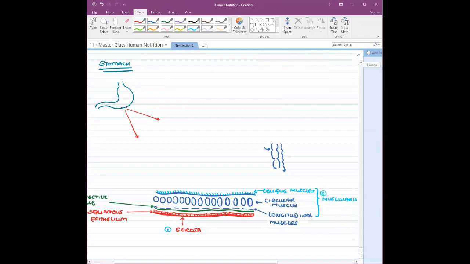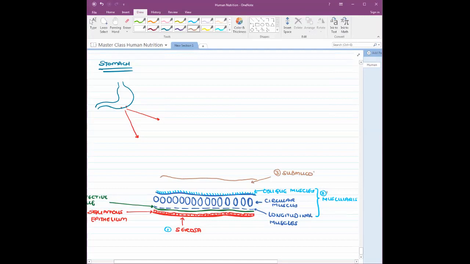But now, guys, after your muscularis, we have another region behind it, which we call the submucosa. But what are we going to see in the submucosa, guys? Let's try to see. Okay, so let's imagine this is the next region, the third region, and this is our submucosa.